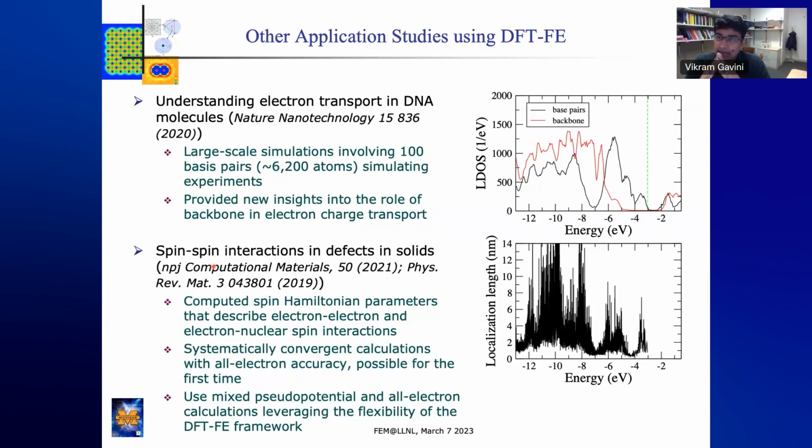So trying to get quantities such as Fermi contact energies as well as hyperfine tensors is going to be very tricky unless you have a systematically convergent basis set. And since we have a systematically convergent basis set using DFT-FE, we were able to do these calculations.